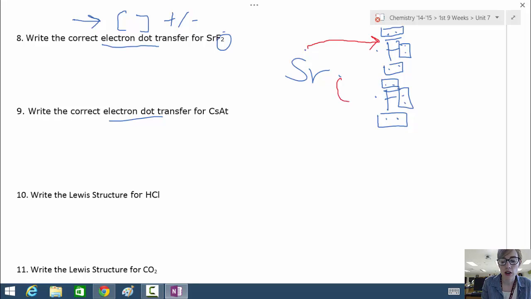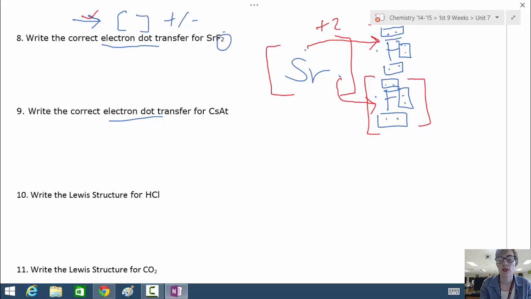And then I'm going to draw an arrow to this fluorine because this fluorine will totally steal the other electron from strontium. After I've drawn the arrows, I have to draw brackets. So my brackets around strontium would show a +2 charge because it lost 2 electrons, and then my brackets around fluorine would show -1 charges because they each individually stole 1 electron.